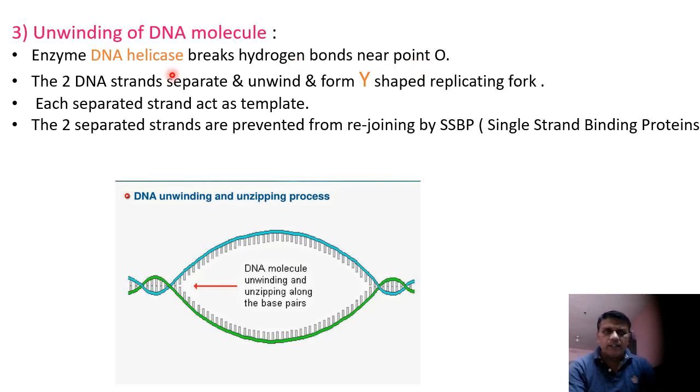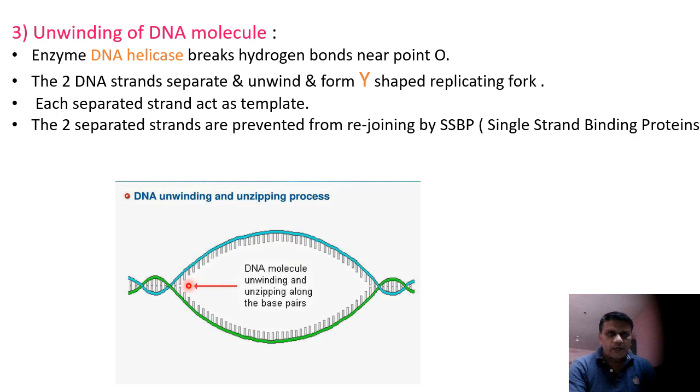At this point O, the enzyme called DNA helicase breaks the hydrogen bonds between the two strands near point O. Here in this diagram you can see that the two DNA strands have separated from each other by breaking the weak hydrogen bonds between them.